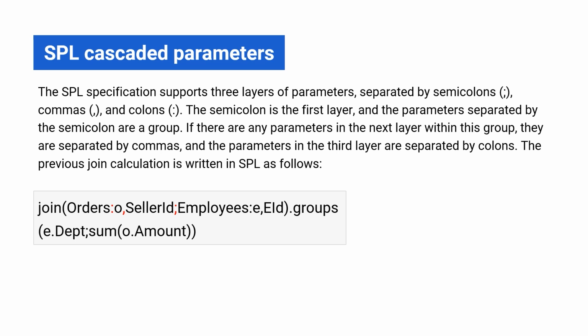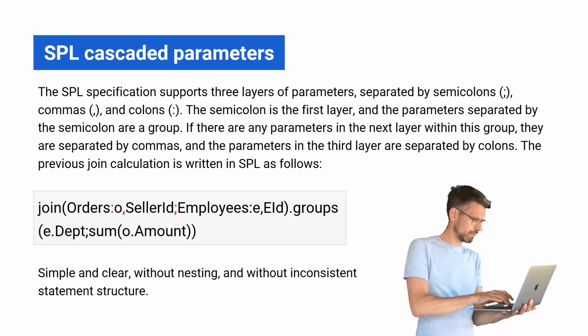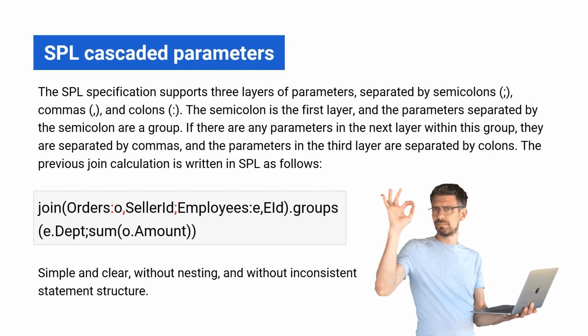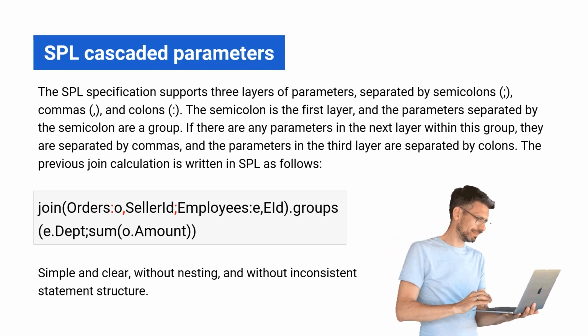The previous join grouping calculation is written as follows in SPL. It can be seen that this writing method is simple and clear, without nesting, and there are no situations of inconsistent statement structure. Practice has shown that 3 layers are basically sufficient, and there are rarely any parameter relationships that cannot be described by this writing method.